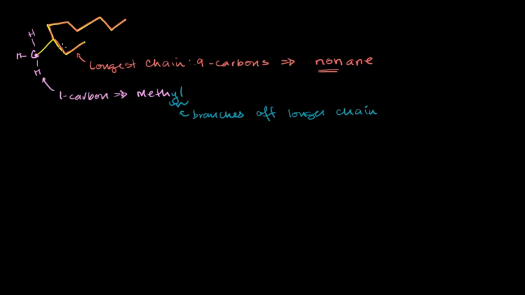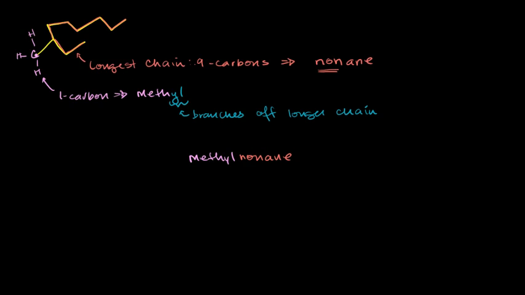So this molecule right here would be called, and actually there's one more thing that we have to think about. We could just call it methylnonane. Let me write that down right now. We could call it methylnonane from the get-go. But there's one problem with just calling it methylnonane.